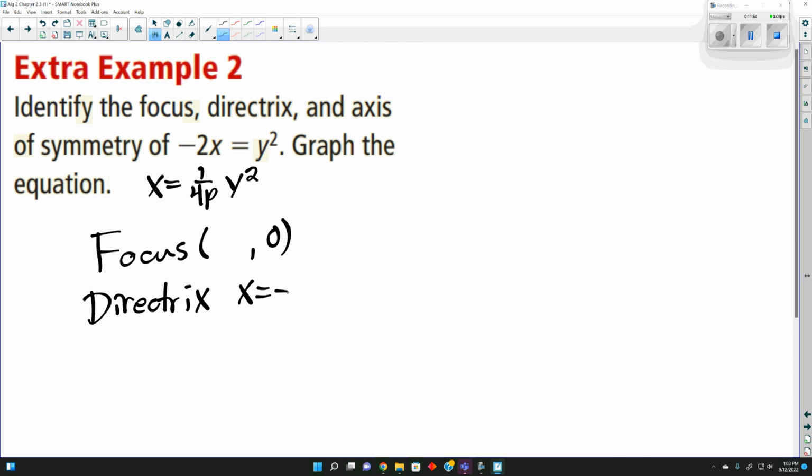I'll put the negative there, especially if I'm writing in pencil, just to remind myself that it's going to be changing the sign. So if it's negative, it's going to be positive. If it's positive, it's going to be negative. And our axis of symmetry is y is equal to 0. So really, for most of these, you have half the answers already there. We still just need to find the value of p.